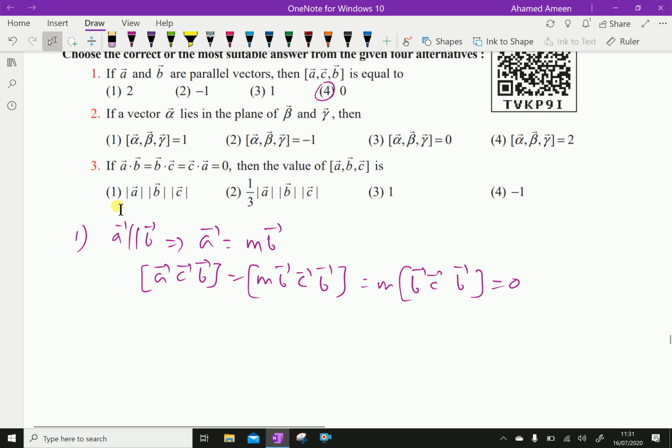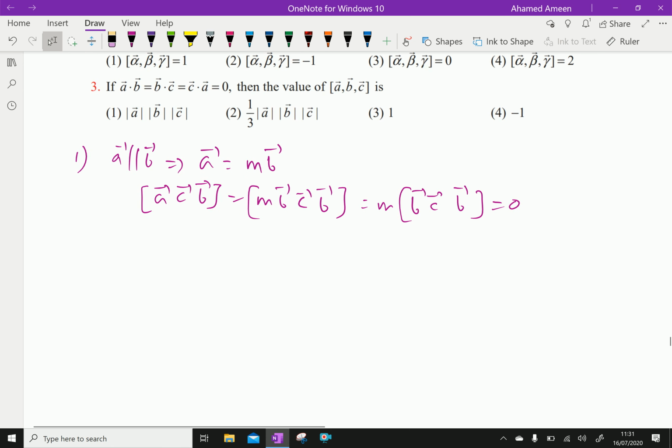Question number 2. Vector alpha lies in the plane of vector beta and vector gamma, then the box product of vector alpha, vector beta, vector gamma is?